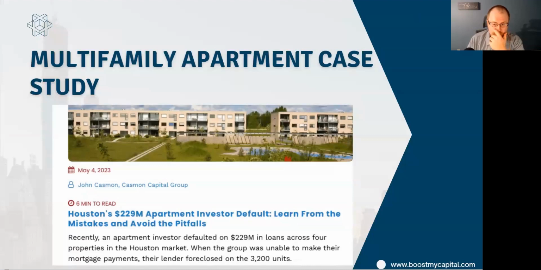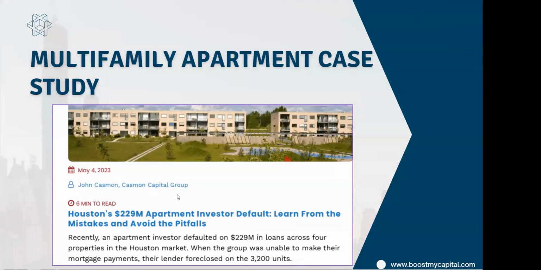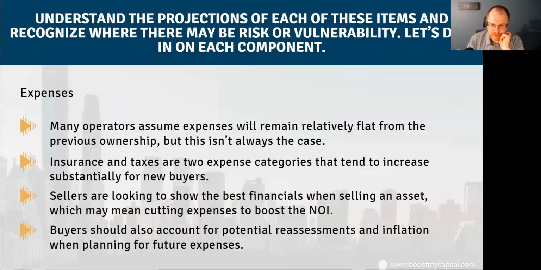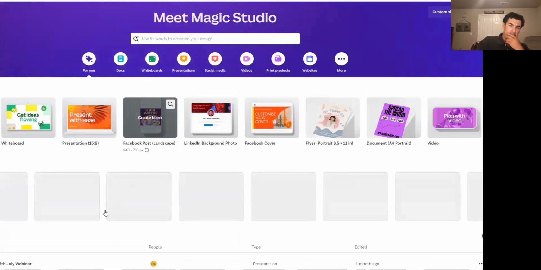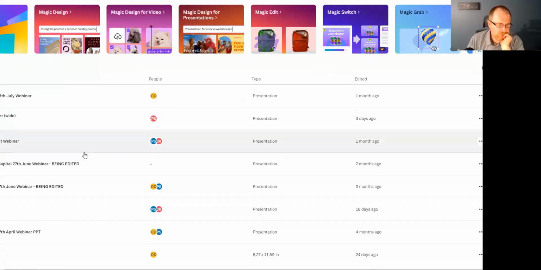So yeah, 3,200 units. That's an article back in May. That's a big deal. No, that's not the right presentation, sorry about that. Which month was it?